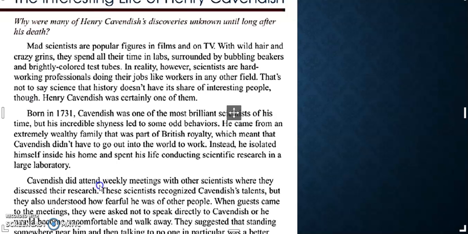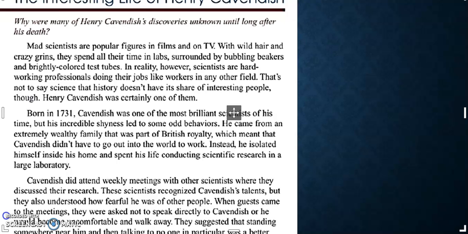Cavendish did attend weekly meetings with other scientists where they discussed their research, and these scientists recognized Cavendish's talent. But they also understood how fearful he was of other people. When guests came to the meetings, they were asked not to speak directly to Cavendish or he would become uncomfortable.